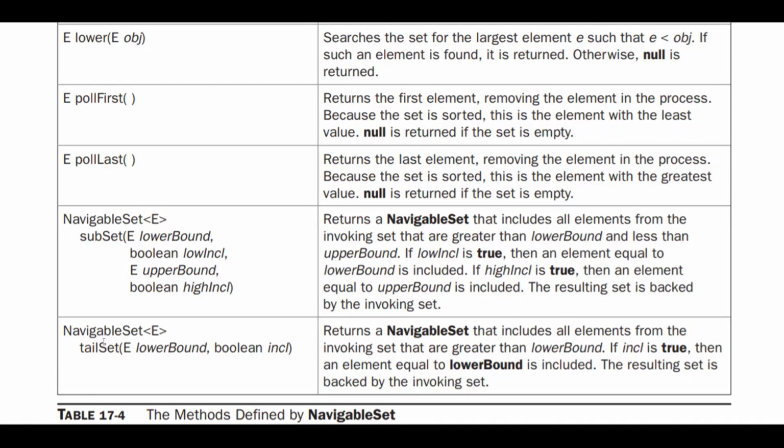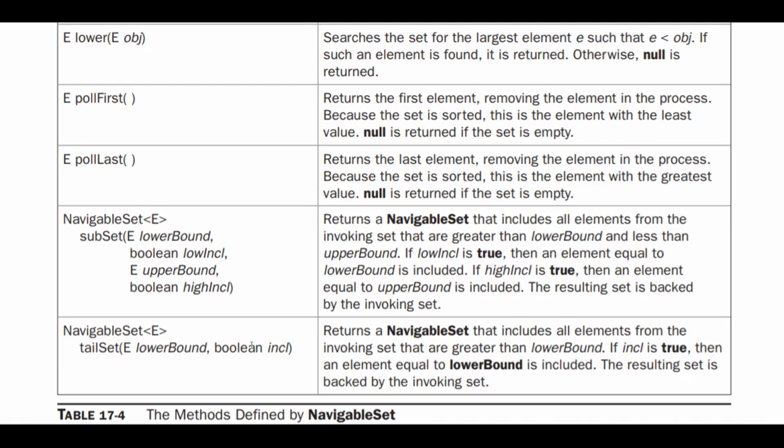Then tailSet. Similar to headSet, this tailSet will have elements from this lower bound till the end. And again, a boolean flag will be present to say whether to include this or not. So these are the methods that are present in the navigable set.